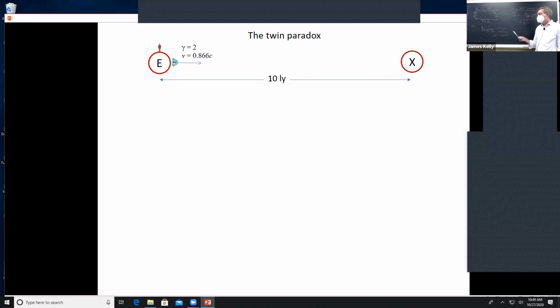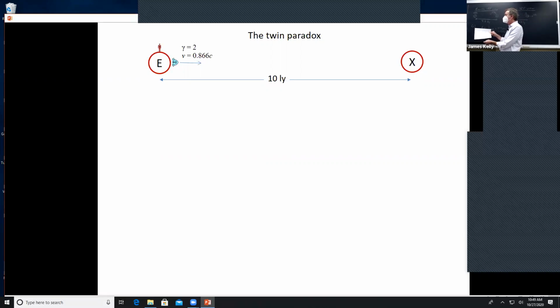And somehow, as assessed by Earthlings, with their notion of simultaneity, the clock on the rocket as it's leaving Earth, and the clock on Earth, and the clock on X are all reading 0 for the notion of simultaneity according to the Earthlings at the instant the rocket leaves Earth, heading towards X. So I filled in the first clock readings there, but you're supposed to fill in the other clock readings.